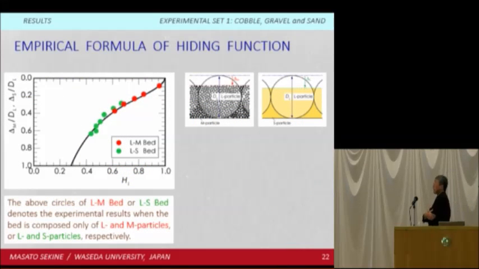Here is the experimental result. This figure shows the relation between the hiding function and the vertical elevation of M particles or S particles divided by the diameter of L particle, dl. These are experimental data.